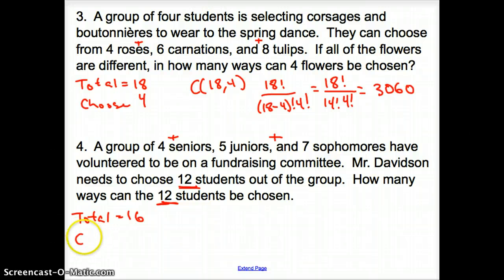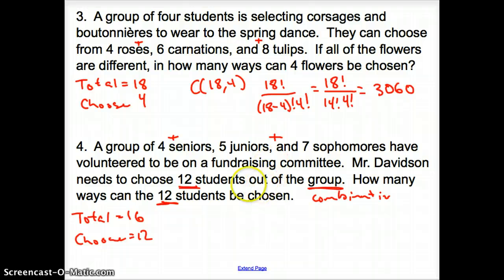We are choosing how many? We are choosing 12. And why do we know that this is a combination? Because we're talking groups. Anytime you hear group, the order doesn't matter. That's where we get the combination from.